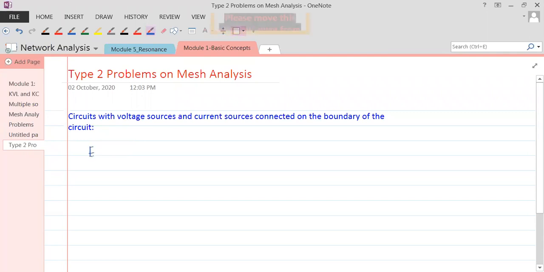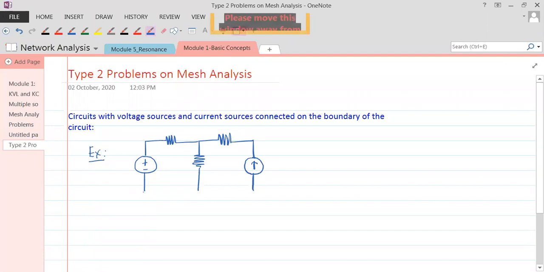For example, let's consider this circuit. There is a voltage source, a resistor, another resistor. Here you have a current source.